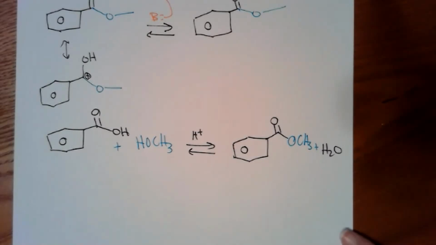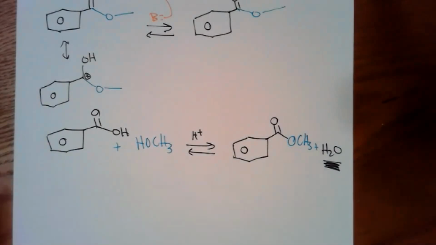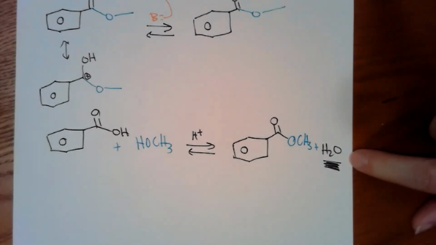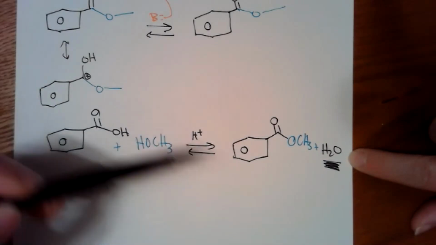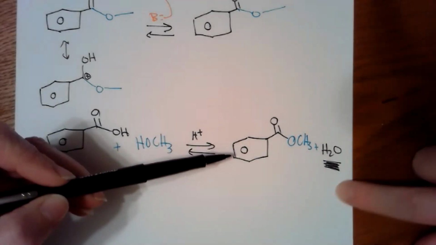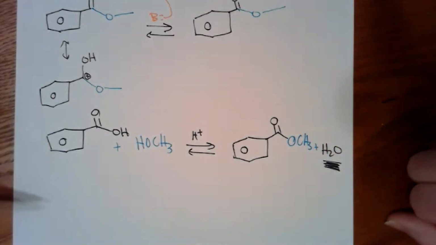Well, Le Chatelier's principle says if you remove a product, the reaction will favor formation of more of those products. The easiest product to remove is the water. So carboxylic acid plus alcohol plus extra acid makes an ester. If you remove the water, it favors formation of the ester.